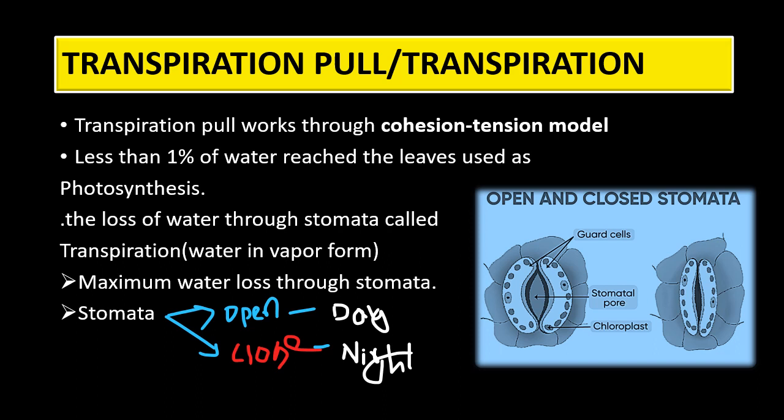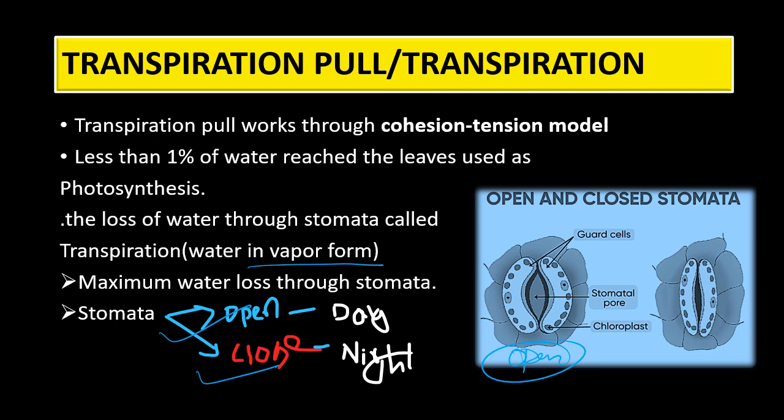This occurs when the stomata are open, and the stomata are open mostly in daytime and closed at night. Transpiration is important for the balance of all systems of the plant body.